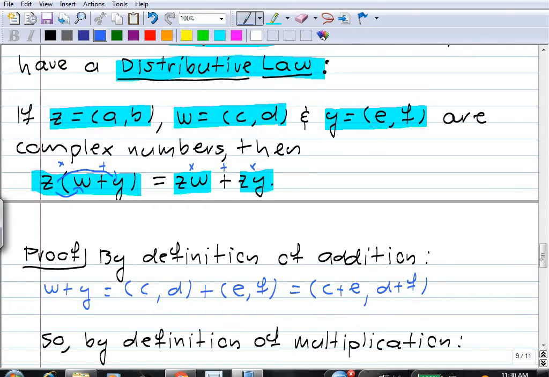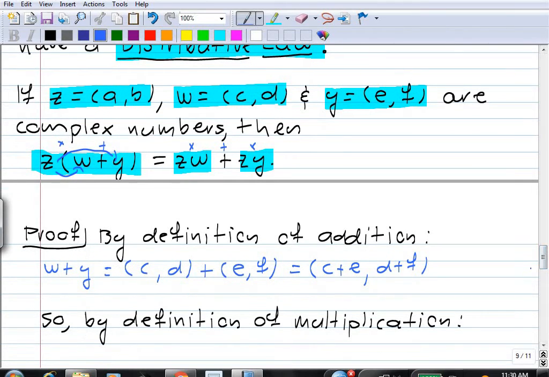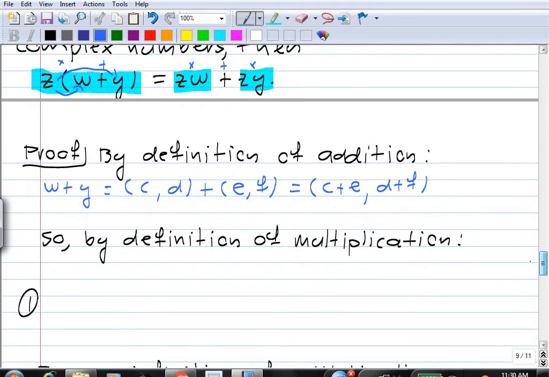And now we're interested in Z times this complex number W plus Y. What does that look like? Well, we just take the definition again. Z times (W plus Y). So Z is (A, B). W plus Y, we've just shown, is (C plus E, D plus F). And now we apply the definition.